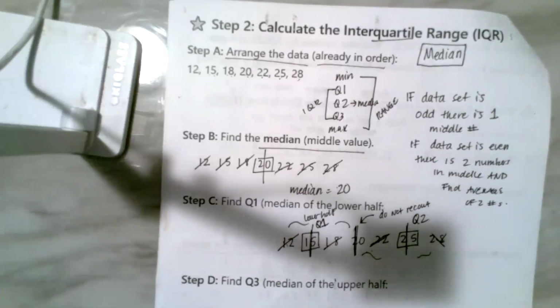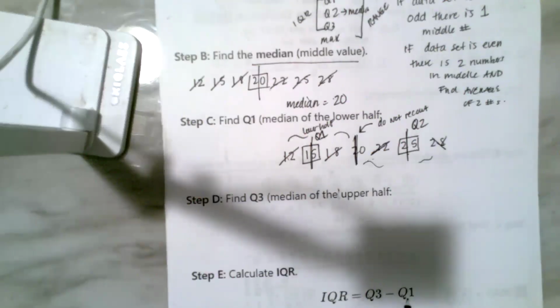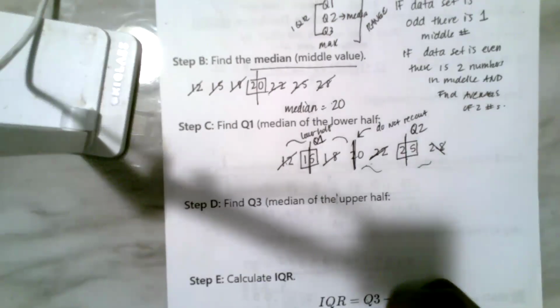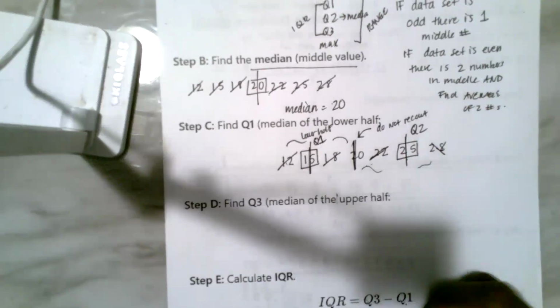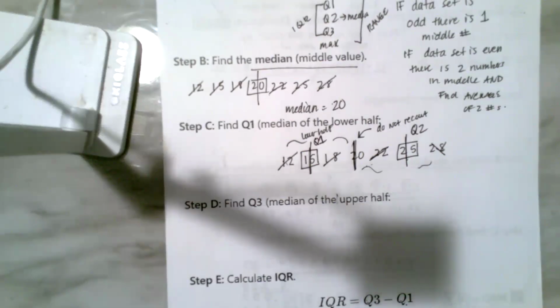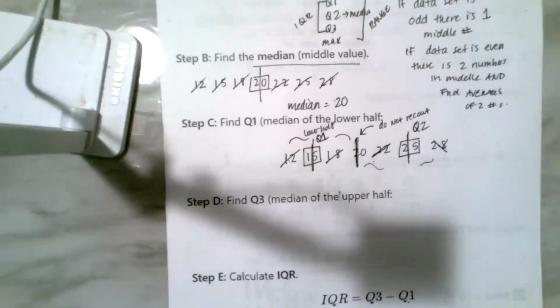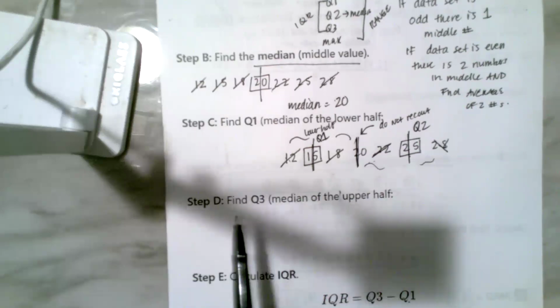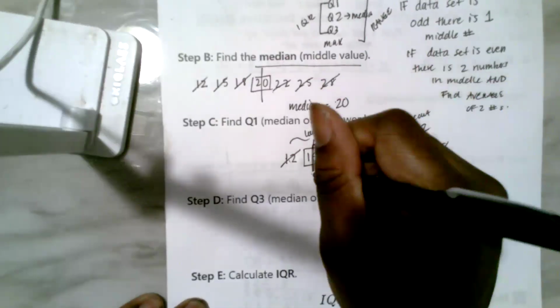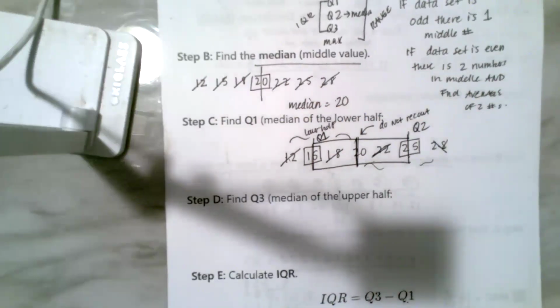Now, the interquartile range is the range or the difference of quartile 3 minus quartile 1. And in here, we know quartile 3 is 25, and quartile 1 is 15. So the interquartile range is 10. The range is from 12 to 28, which is different, but the interquartile range is from quartile 1 to quartile 3.